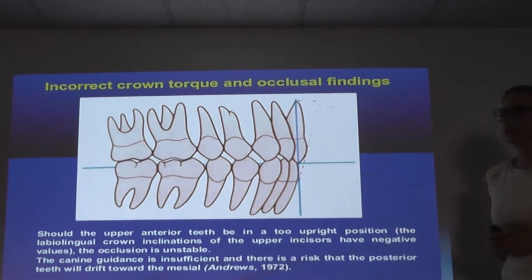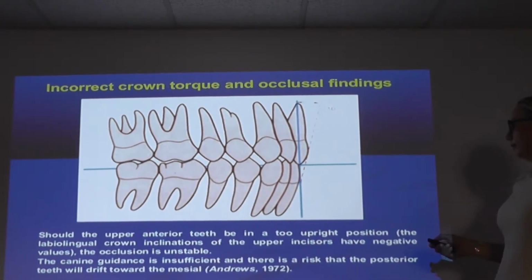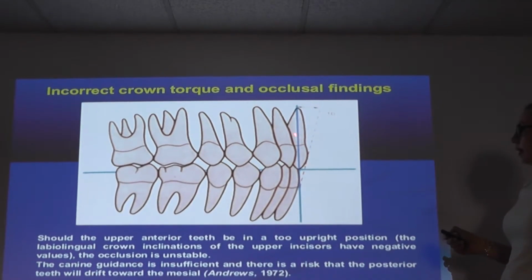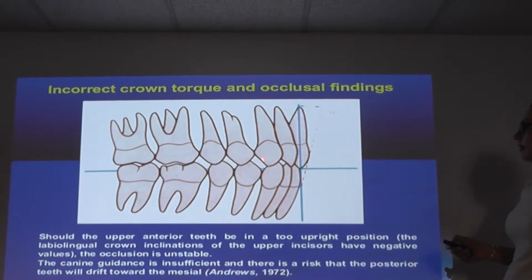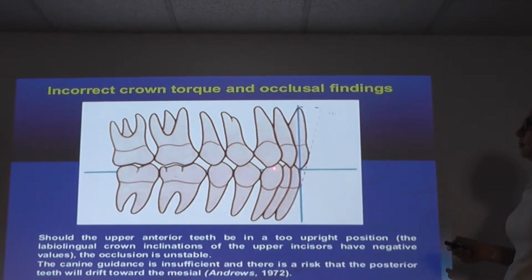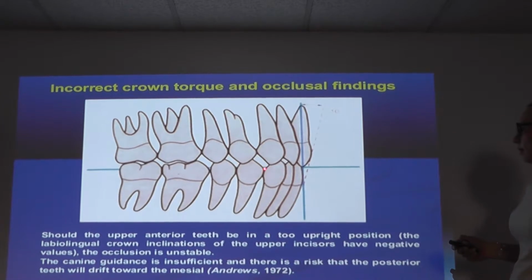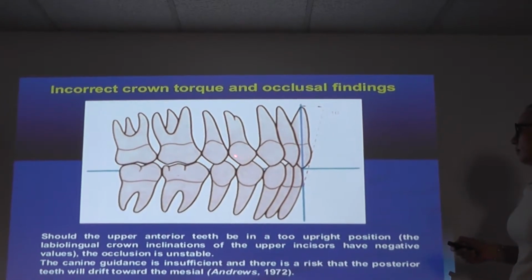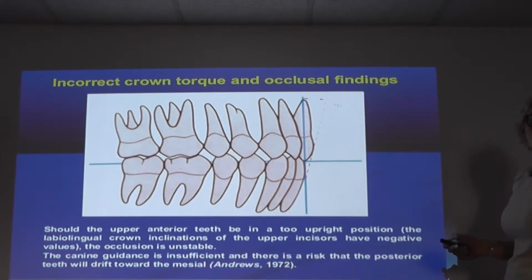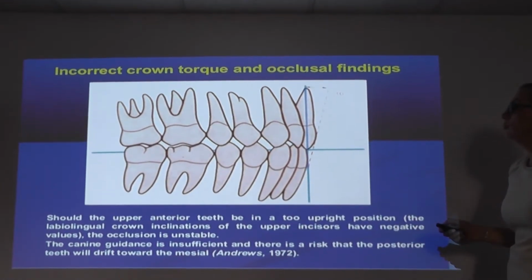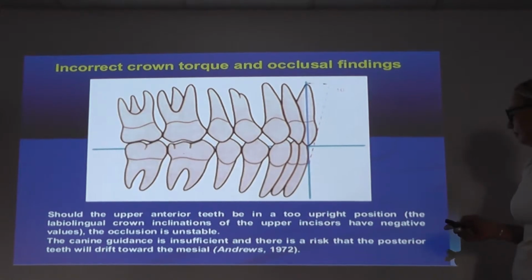Probably torque is missing, and you have incisors that are upright. They have to be inclined buccally, and the cuspid has to be inclined lingually. And this occlusion is unstable, and you will not have a good retention result.